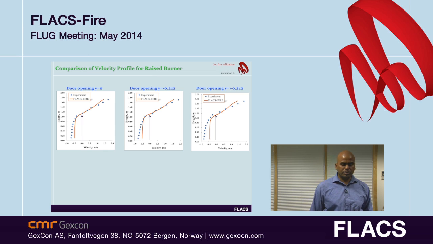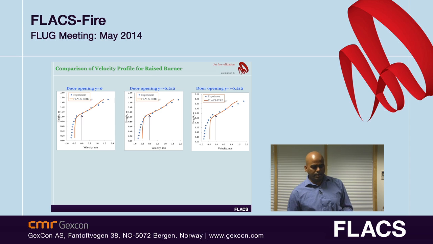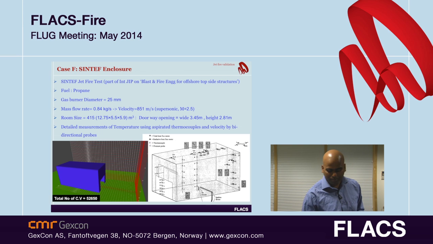My next slide shows the velocity profile at the doorway, where we compare FLACS-Fire and experimentally measured velocities. From this picture we can see the smoke layer height predicted from both experiment and FLACS-Fire. The agreement between these two is very good.